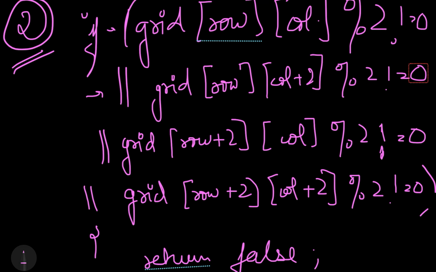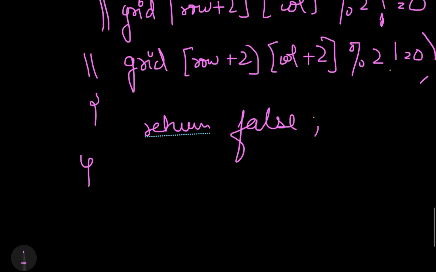And then we can directly say it is not a 3 cross 3 magic square. What was the third condition? We can check in the third condition whether the diagonal sum is equal or not.